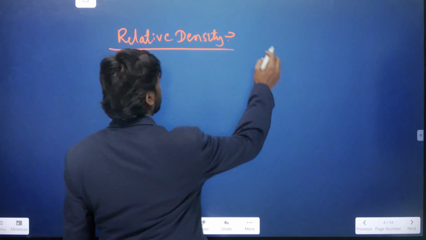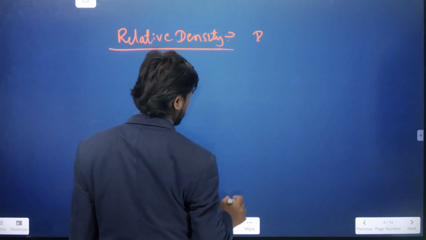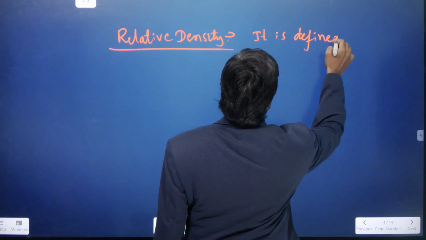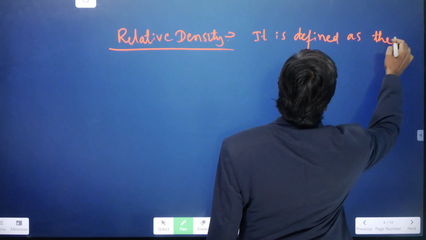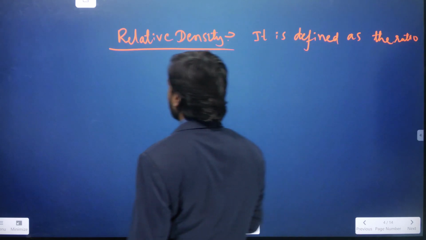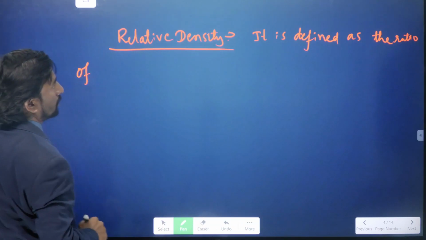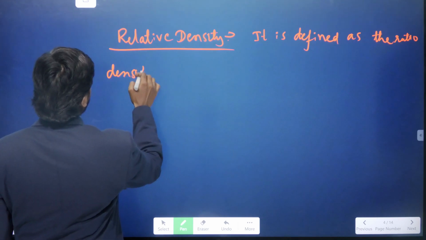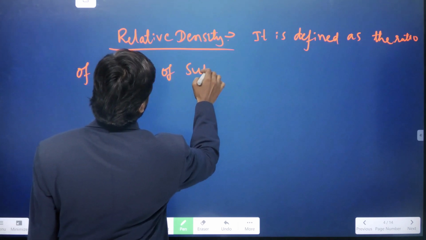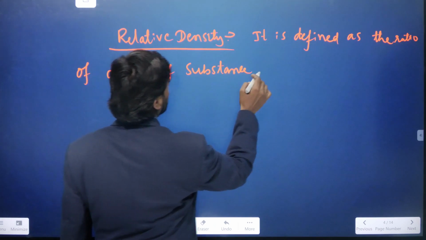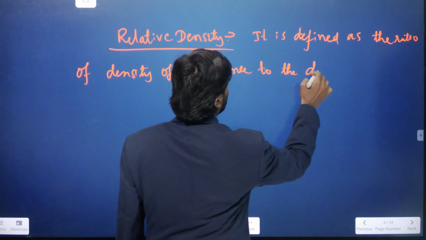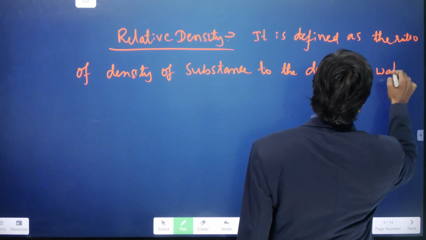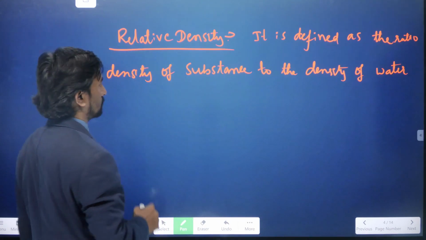It is defined as the ratio of the density of a substance to the density of water at 4 degree Celsius.